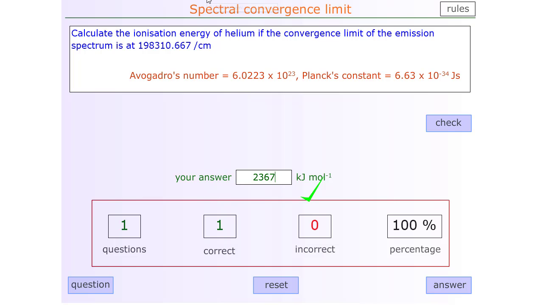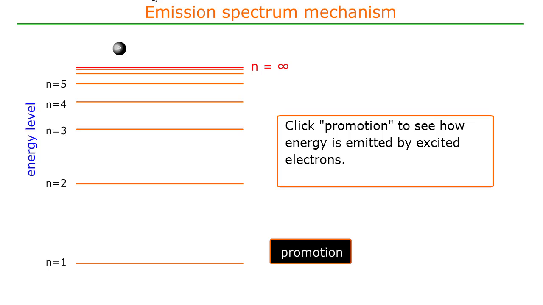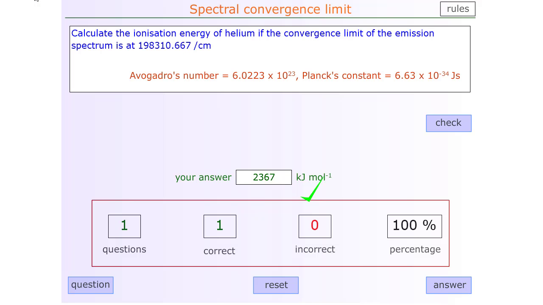Remember, the convergence limit is the limit of the energy levels, so the difference in energy between the energy level where the electron's lost and the energy level where the electron is in its ground state. We then apply E equals hc over lambda.